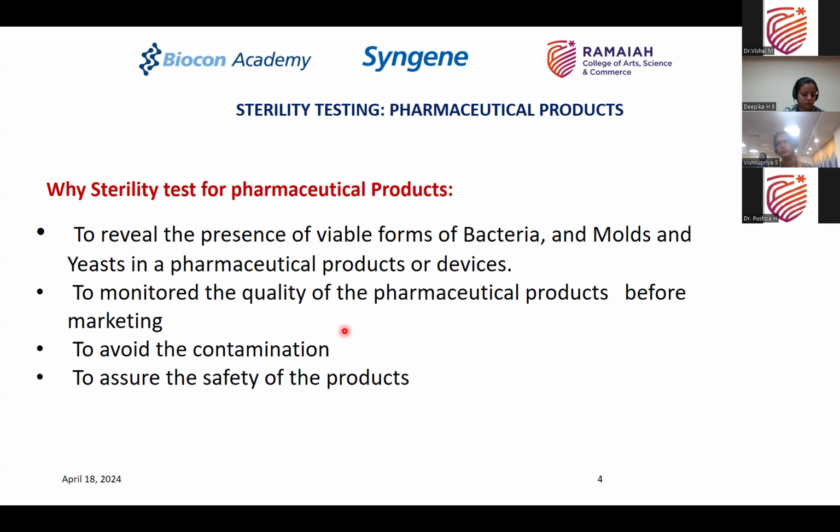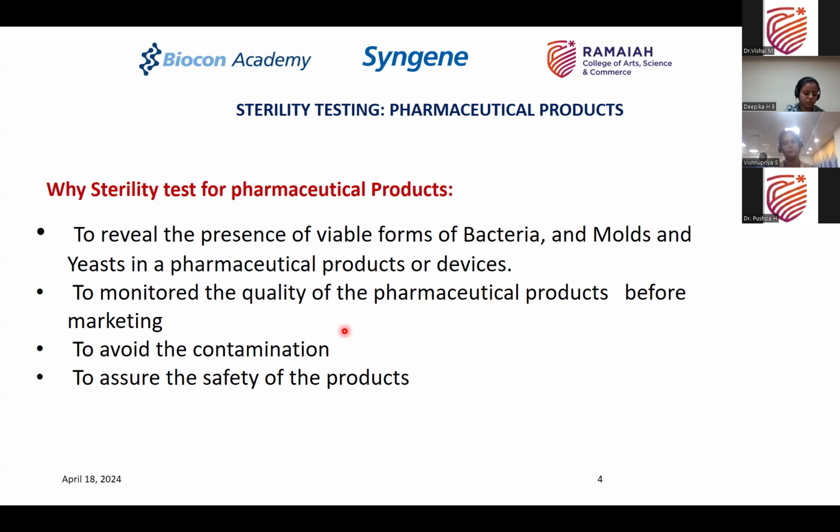Before we market a product, we have to analyze and monitor whether it is devoid of microorganisms, to avoid contamination and assure the safety of the product. We have to assure our product is free from microorganisms and has crossed all the QC. That is the reason we perform the sterility test.